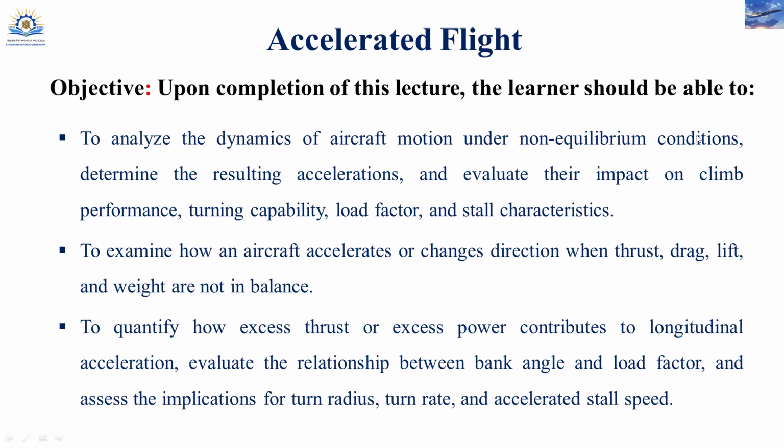The load factor is part of this. So our new stall velocity is the radical of 2 times N times the weight over rho S CL max. So in accelerated flight, this is an additional factor, right? So that is what we are going to see.